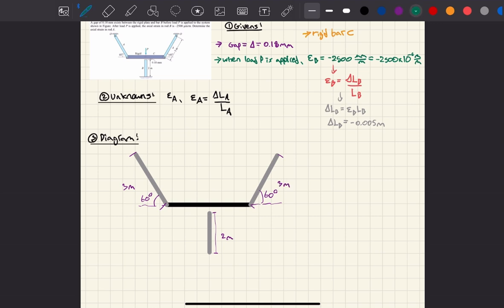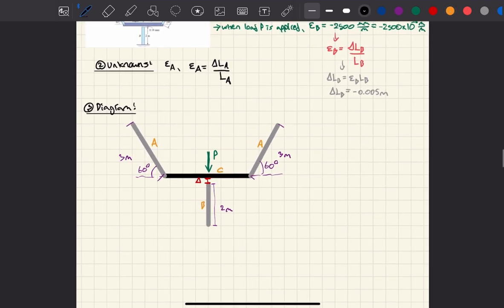We are given our force P applies right here. And I think that is all. We can also say that this gap right here is delta, our variable delta. Perfect stuff. And we can also say that this is rod A, this is rod A, this is rod C, and this is rod B. Okay? Perfect stuff.